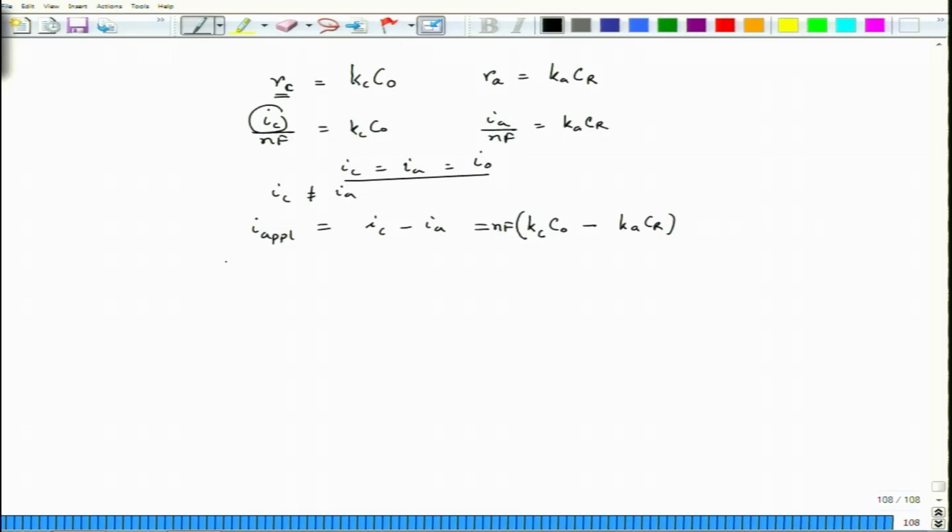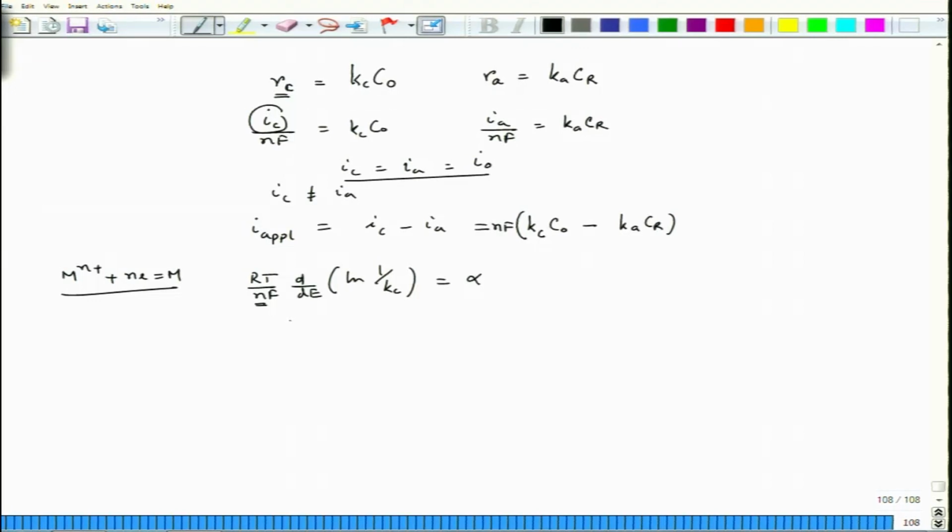Now, I can also go back to this alpha. I know that RT by nF, d ln (1 by K C) by dE equal to alpha, and here I have put n because we are considering this reaction, so the number of electrons is basically n.